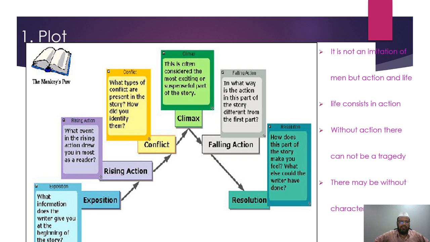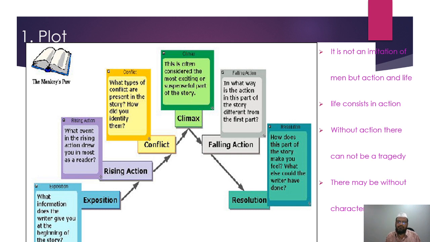What information does the writer give at the beginning of the play is called exposition. Rising action means what event in the rising action drew you in the most as a reader. This is rising action.